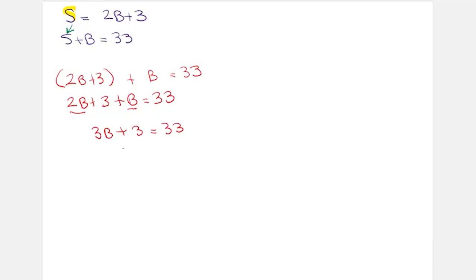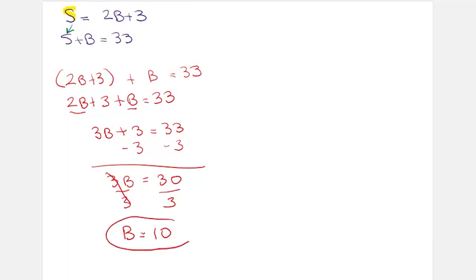I can subtract 3 from both sides. And I get 3B is equal to 30. Divide both sides by 3. The 3's cancel. And I get B equals 10. So 10 is the number of touchdown passes thrown by Bradshaw. So Bradshaw threw 10 touchdown passes.